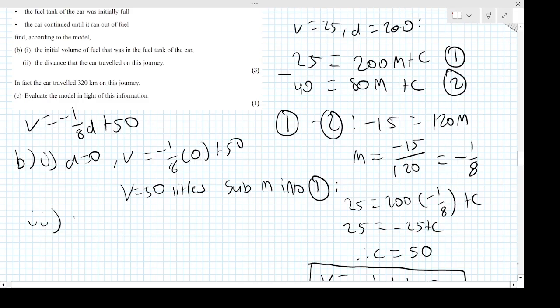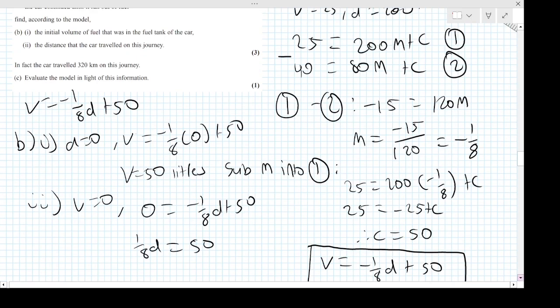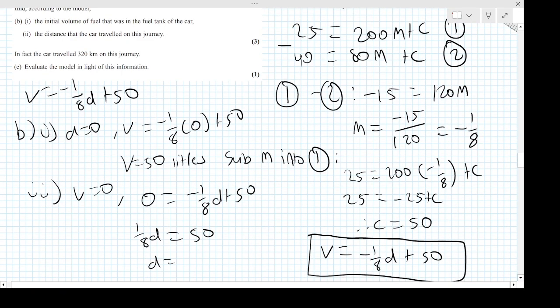So that means V equals 0 corresponds to the distance it travelled, right? So let's substitute V equals 0 into it. So that means 0 is minus an eighth d plus 50 by substituting 0 into the equation. Therefore, an eighth d, if I rearrange, is 50. So that means d is 50 times 8, to then get 400 kilometres. There we are. Cool.